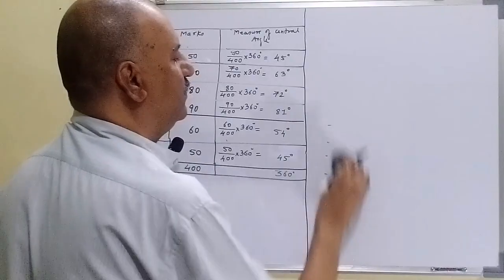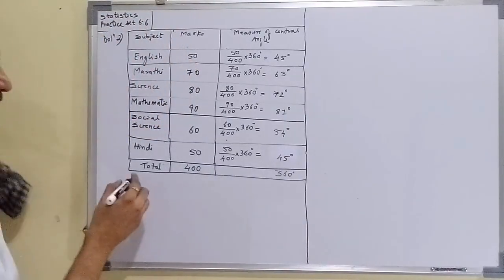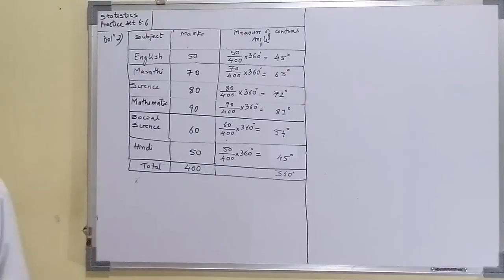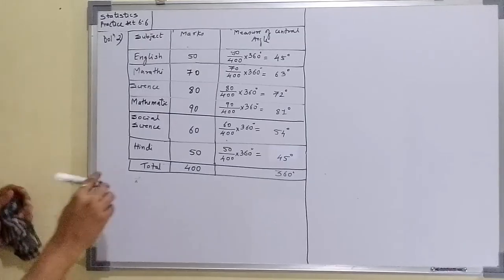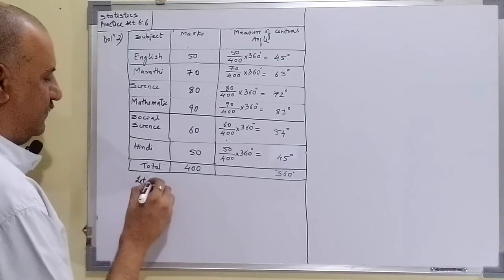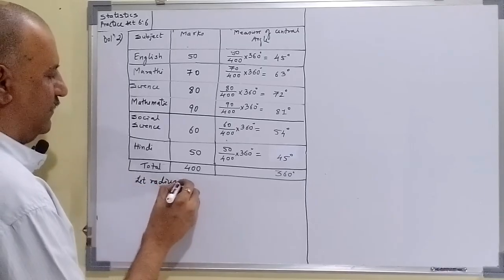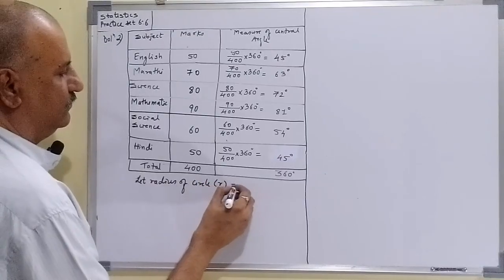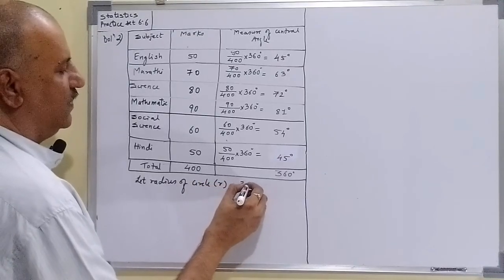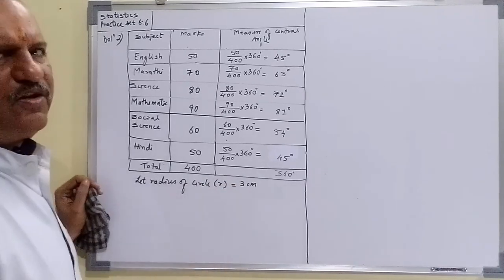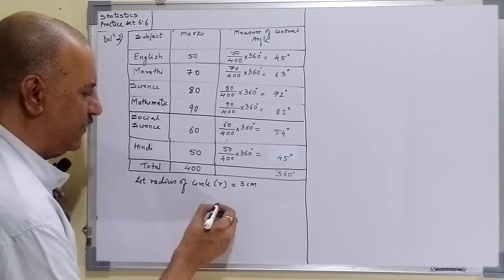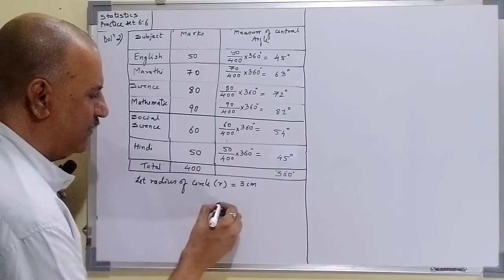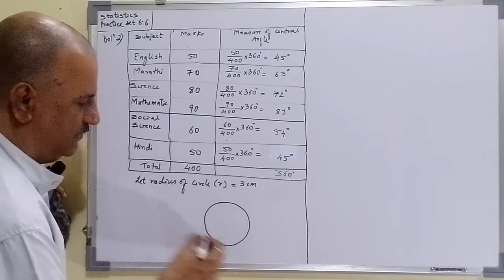Now we have to draw a pie diagram. Let the radius of the circle be 3 centimeters or 4 centimeters. Draw a circle.